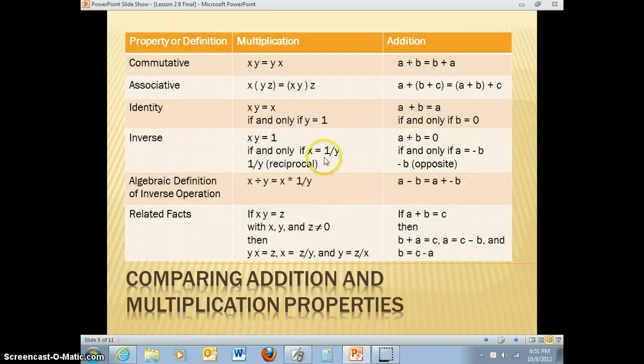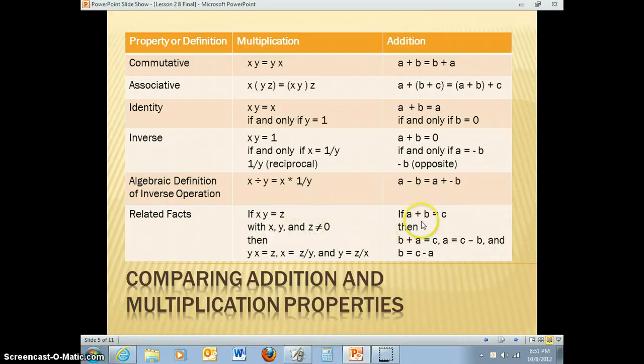All right. Before we get into 0, I just want to give you this whole summary slide because this is in my book and not in your book, and I thought it was a handy-dandy summary of a whole bunch of stuff and how they work in multiplication and how they work in addition. But the one that we're going to talk about right now is the related facts property for multiplication and the related facts property for addition.